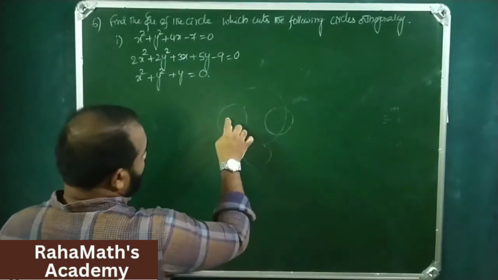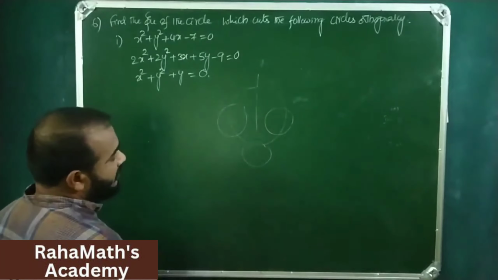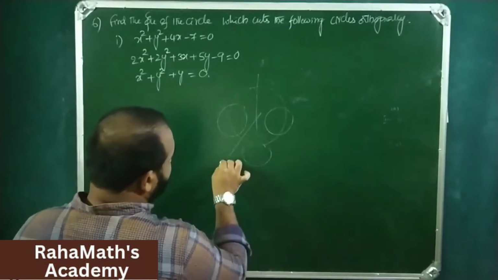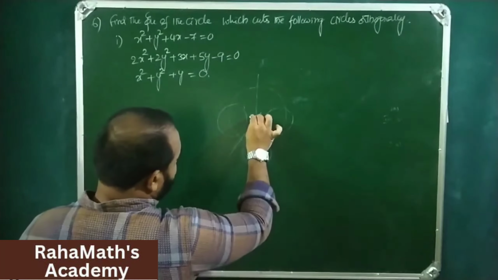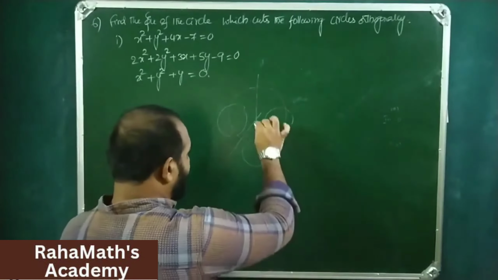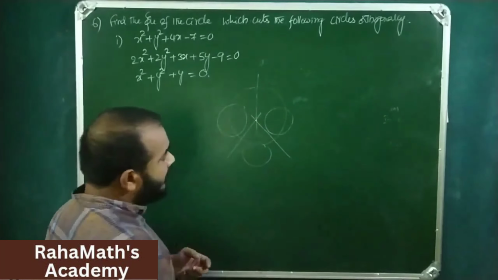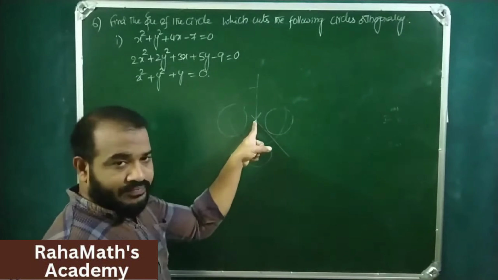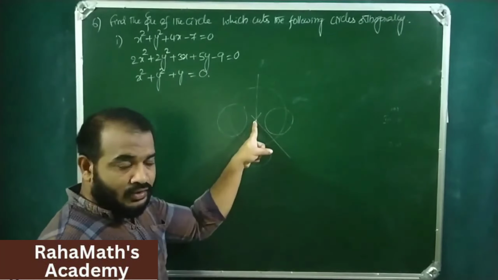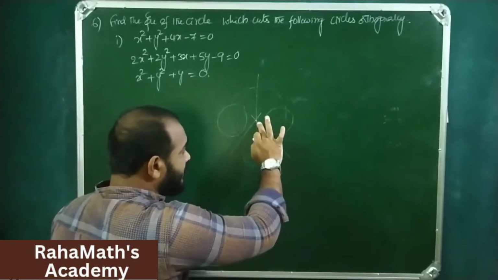The radical axis of these 2 circles is this, the radical axis of these 2 circles is this, and the radical axis of these 2 circles is this. But actually the third is not required, because to obtain the point, minimum 2 lines are needed. Therefore, this is not required.